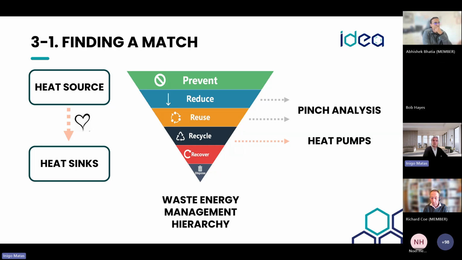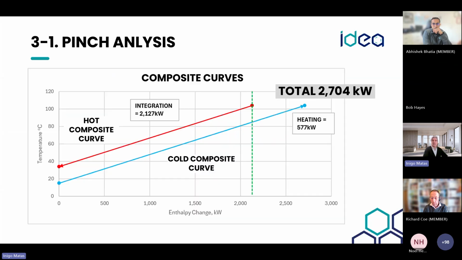Some people want to jump into that at the very start, but the cost of heat pumps can be significant. So everything we can do to reduce normally comes at a lower price, lower capex, because it's through heat integration, heat recovery. Sometimes we also see that there is no delta T. That's the moment where we will move into the recycle part and the heat pumps.